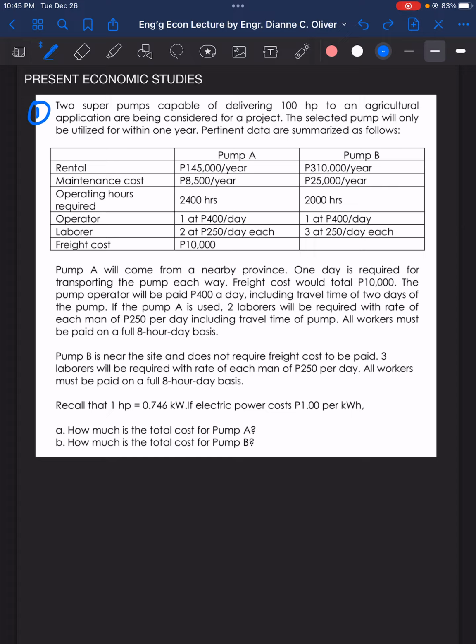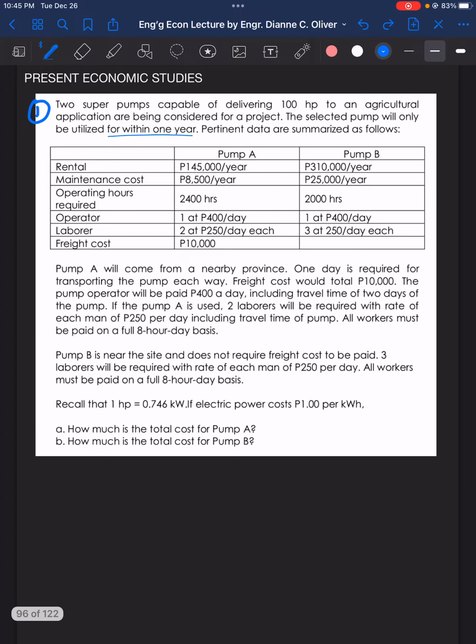And remember here that the selected pump will be utilized for within 1 year only. So this is already fixed costs, rental and maintenance costs. How about the operator and the labor costs? How do we solve it?